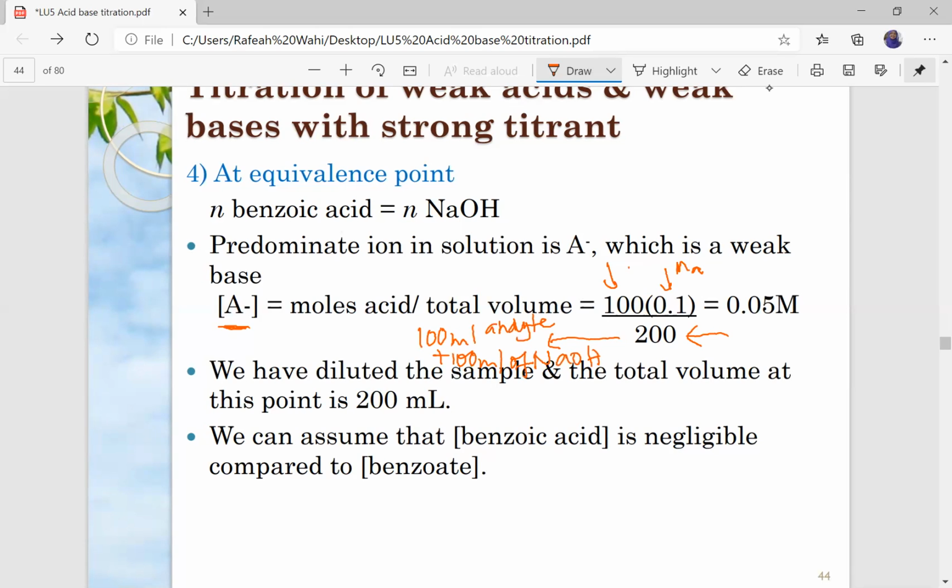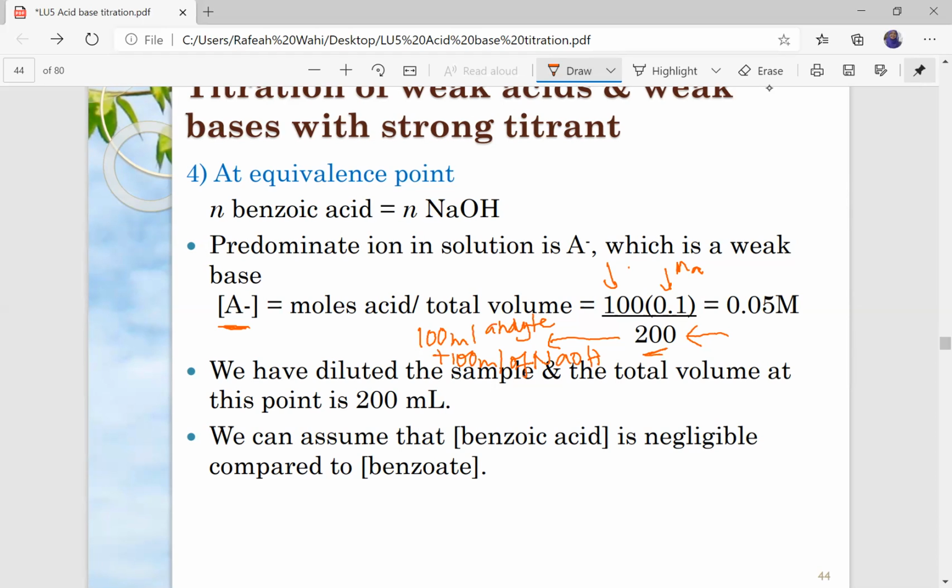How do we know we have 100 ml? Because we calculated at the beginning of solving the question that we need 100 ml of NaOH to reach equivalence point. So the total volume at equivalence point is the volume of analyte, 100 ml, and the volume of NaOH, 100 ml. So total 200.